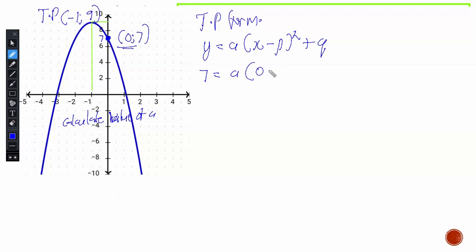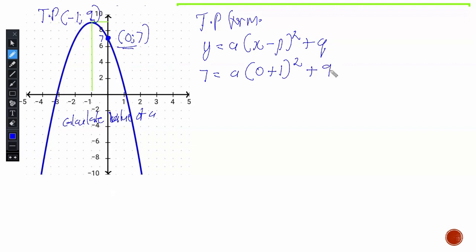So we have 0, and because now we have minus, and this is also -1, this is minus multiplied by another negative. It's going to be +1, and then squared. So I hope you understand that. Then the q here is +7. No, it's not +7. It's actually 9. Pardon me for that.